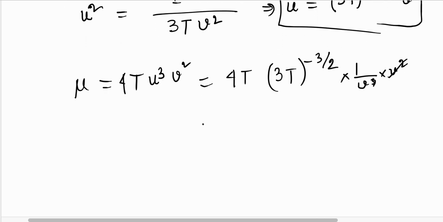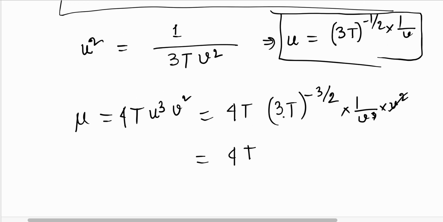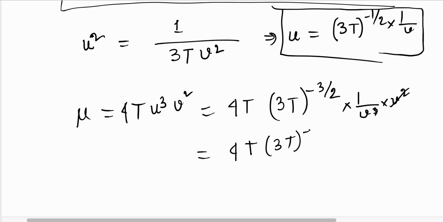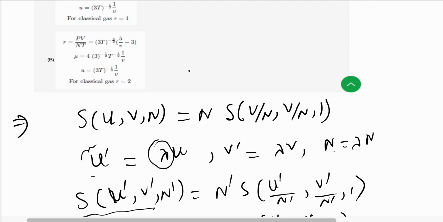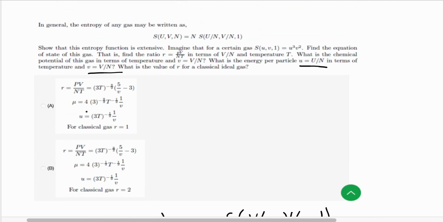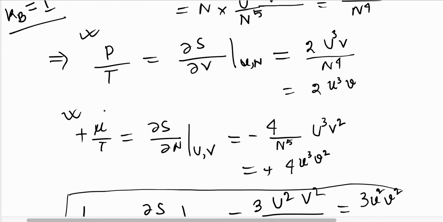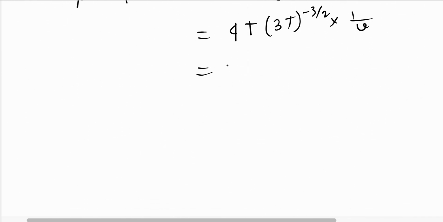So it is actually 4 T into 3T to the power minus 3 by 2 into 1 by V. You can write it as 4 into 3 to the power minus 3 by 2 T to the power minus half into 1 by V.